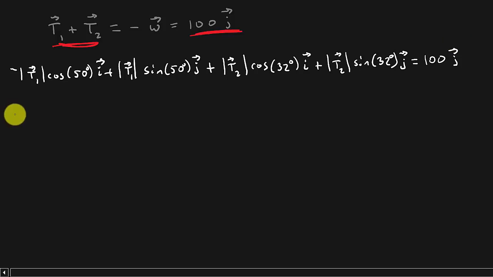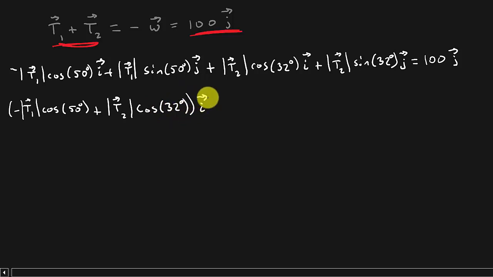So this is going to give me negative T1 cosine 50 plus T2 cosine 32 times I. So all I did is I took this and I took this and I pulled the I out.